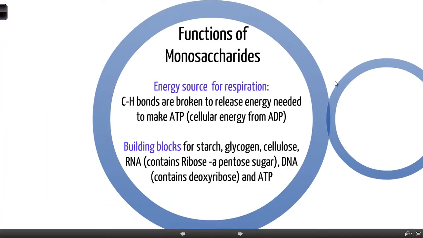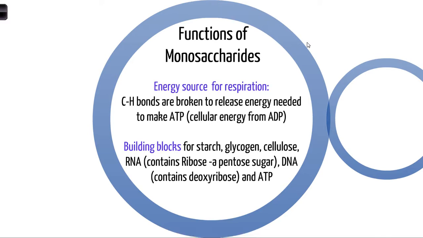Alright, why do we need monosaccharides? Why are they important? What function do they serve? So firstly, they're an energy source. In our bodies we convert a lot of foods to glucose, which circulates through our blood and reaches our cells, and then our cells will convert the glucose to ATP. ATP is basically cellular energy. That's what cells run on.